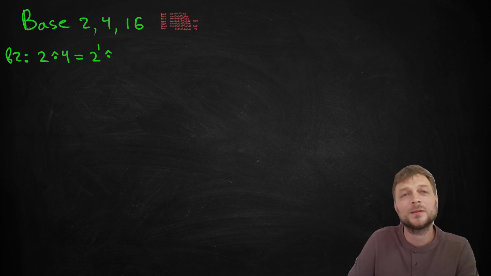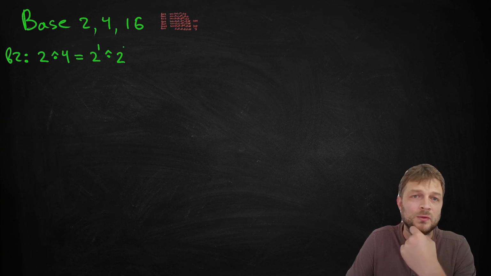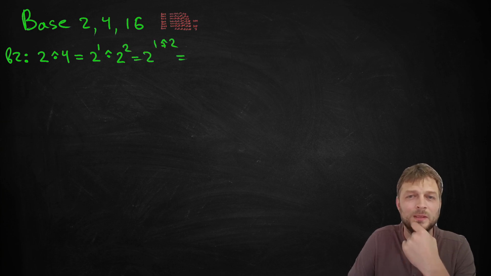We want to consider these equations with bases of different numbers, and we'll see that it doesn't matter what the base is, the answer will be the same. 2 to the power 2 equal 2 to the power 1 plus 2 equal 8.